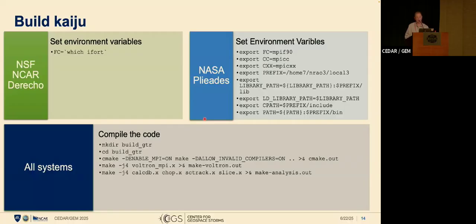If you don't do that, it can take up to 15 to 20 minutes if you're just going serially trying to build the thing on one processor after another. We're dumping all of that output into a make Voltron out file. You should see at the end of that 100% complete, modules all built. That gives you the core technology to be able to run the magnetospheric portion of the simulations.